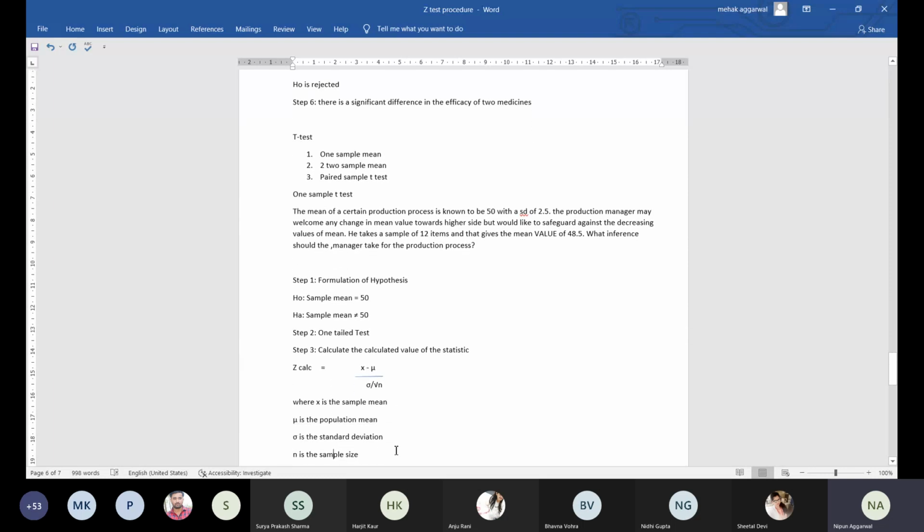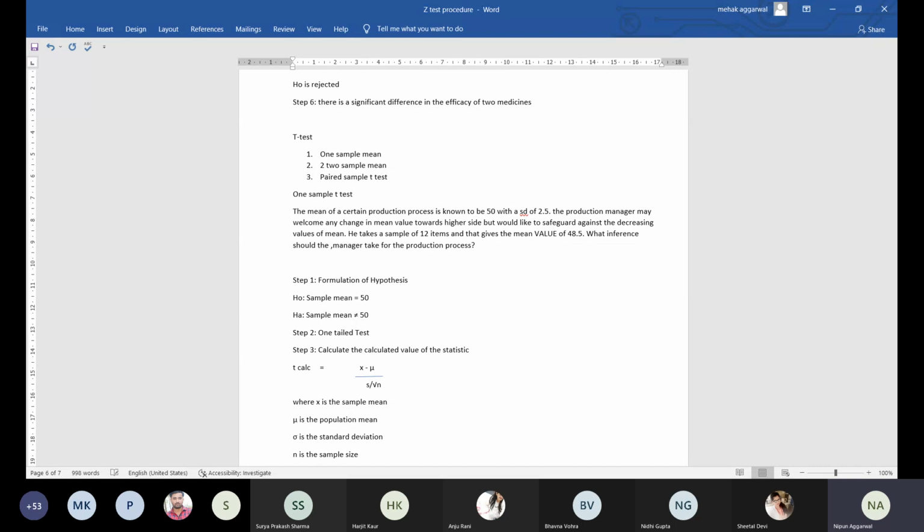Now the statistics. Here we have to calculate the T calculated value. There we calculated Z calculated; here it is T calculated. The formula is the same as that of Z in one sample: x minus mu divided by sigma by under root n. But this is not sigma over here.